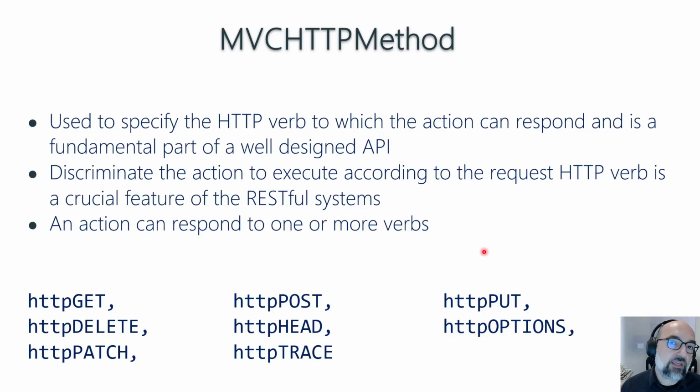Which kinds of methods can I use there? I can use all the HTTP standard methods, including others which are not so common, but they are used. So get, post, put, delete, head, options, patch, trace, all the methods defined in the enumeration.